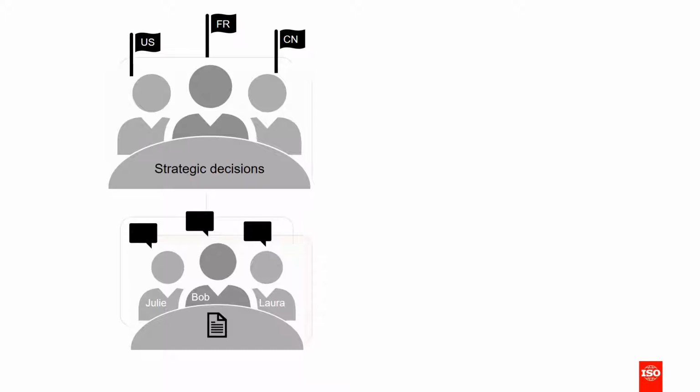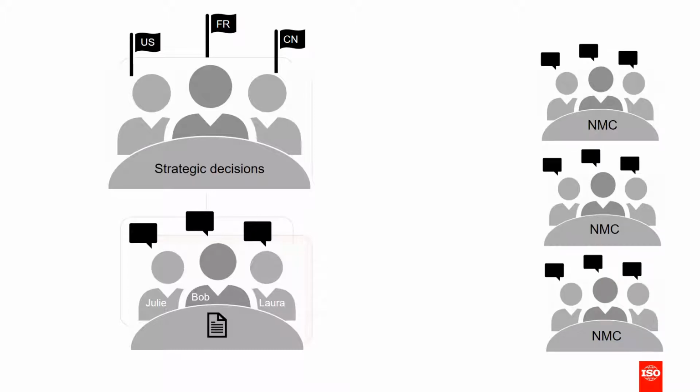So, if we introduce this slide, we keep the structure to the left of the technical committee that takes strategic decisions at the top, and we have the experts working on the technical documents at the bottom. And then I introduce these different national mirror committees. So national mirror committees are essentially the same as the technical committee, but instead of being at the international level, they are at the national level.